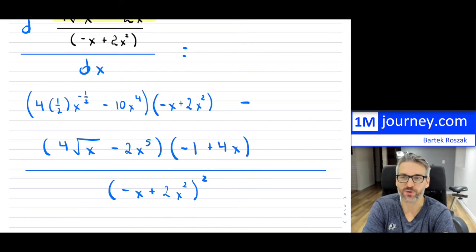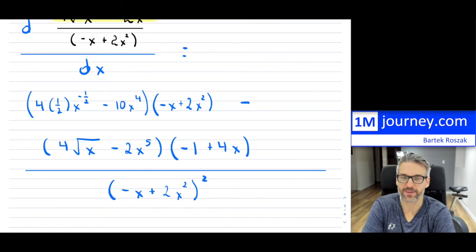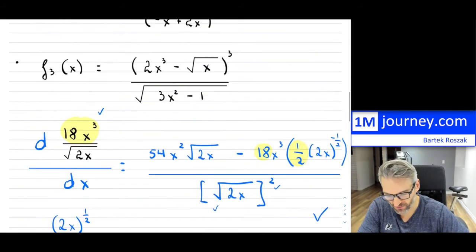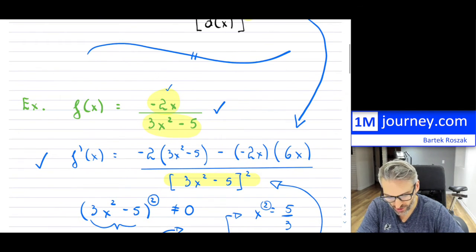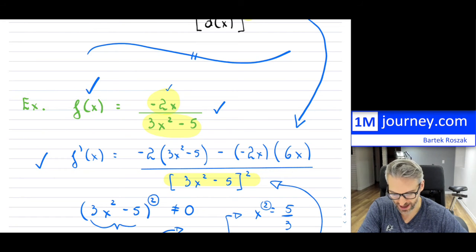I've been mean to you. If you're working through these types of examples, these are rather on the harder side. Typically, when you apply the quotient rule, especially in the beginning of calculus, you're going to have much easier examples, maybe something like this, or something that you've seen over here. So those are the simpler types of examples.